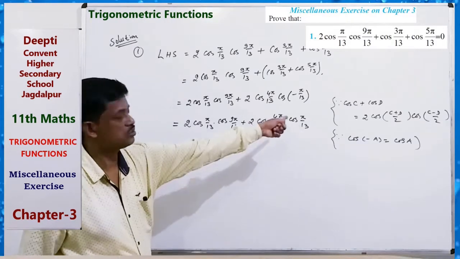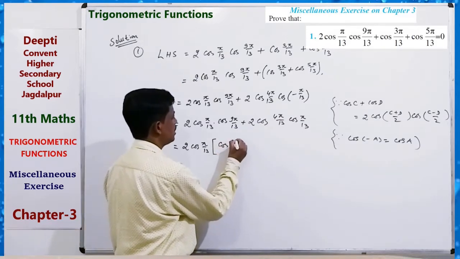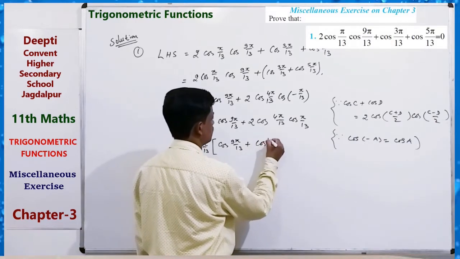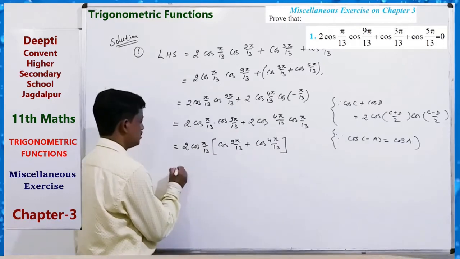Now we can see that cos pi by 13 is common in both terms. So we get cos 9 pi by 13 plus cos 4 pi by 13. Okay?